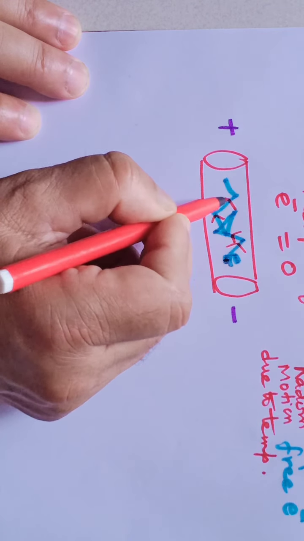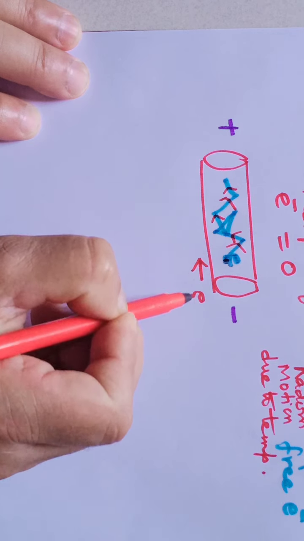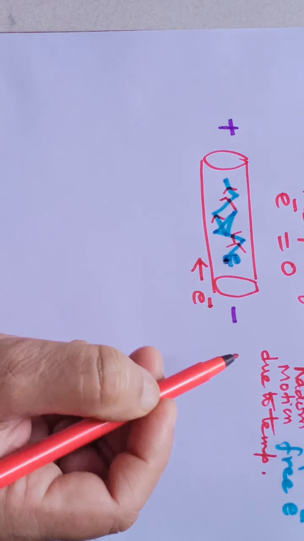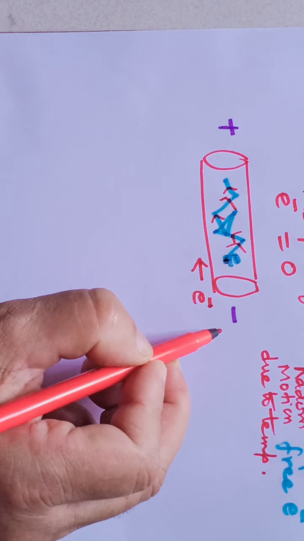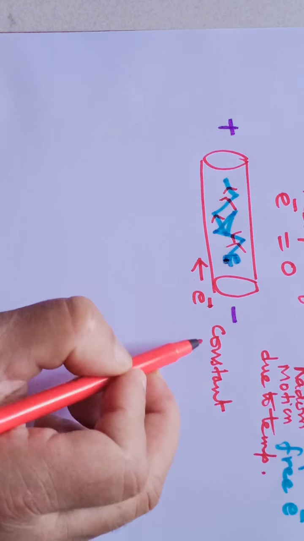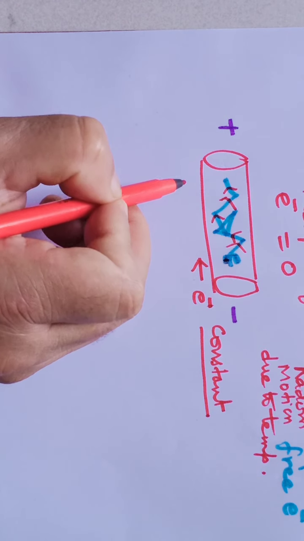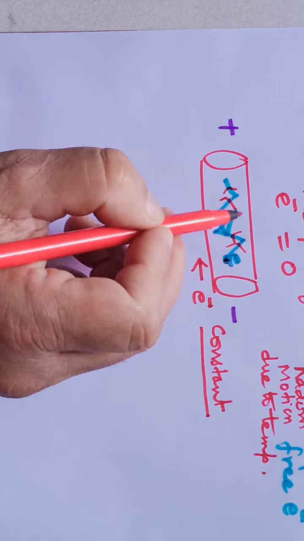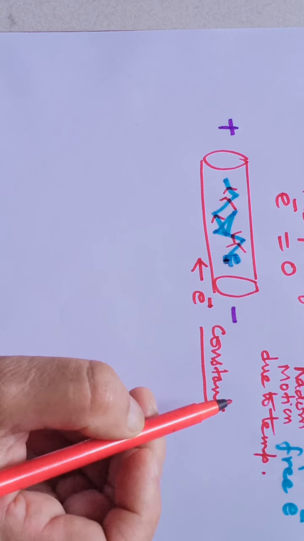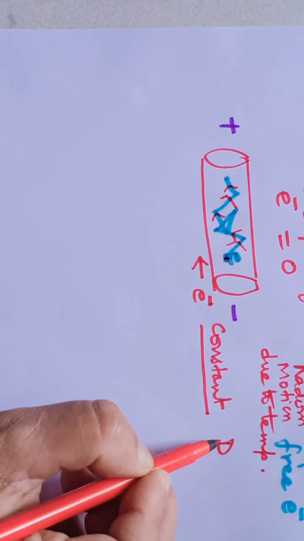Electrons move from negative end to positive end with a constant velocity, depending upon the potential difference and the temperature and nature of material. And this motion is known as drift motion.